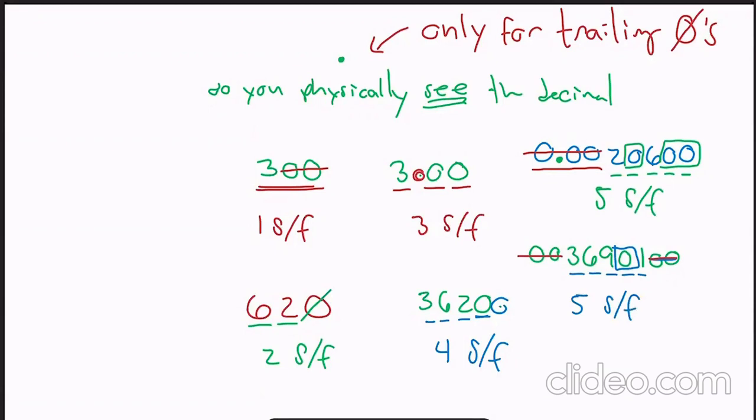So again, this is only for trailing zeros. Leading zeros never matter. Captive zeros always matter. Trailing zeros depend on whether you physically see that decimal point or don't see that decimal point.